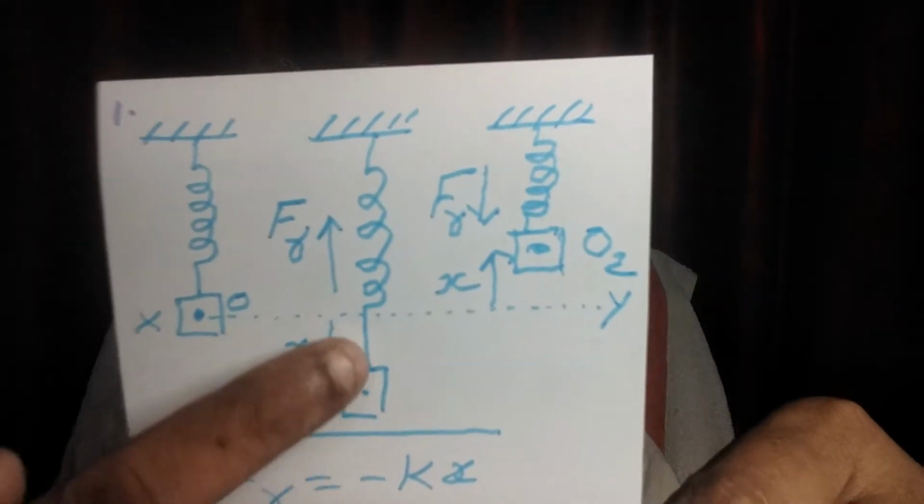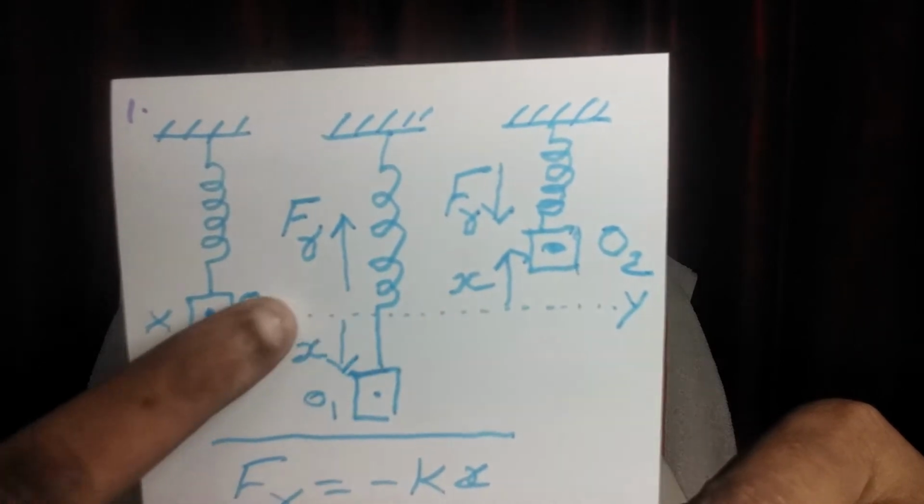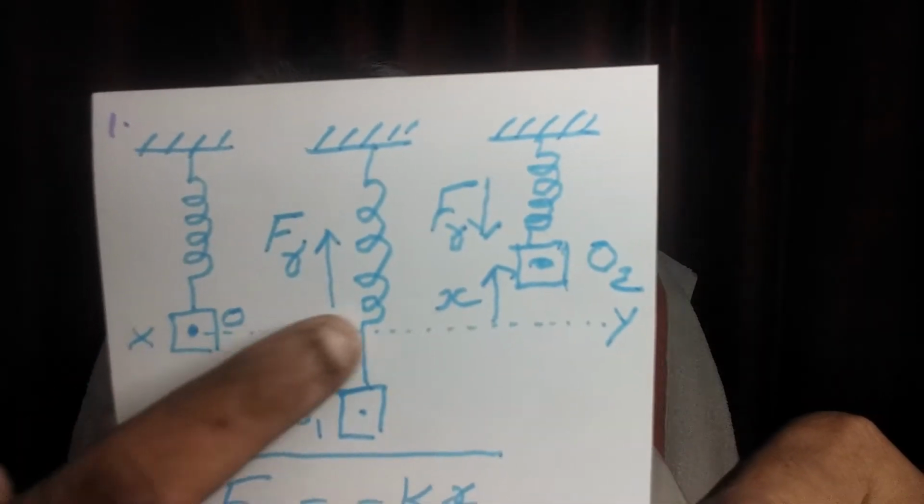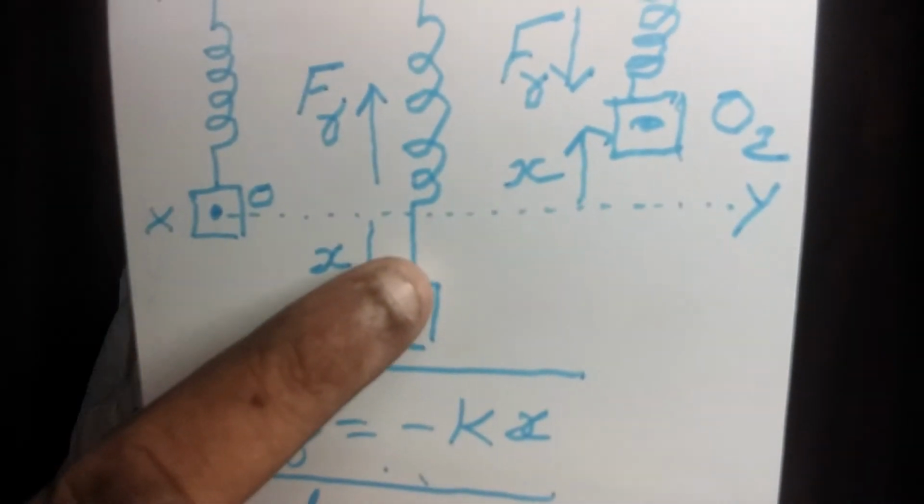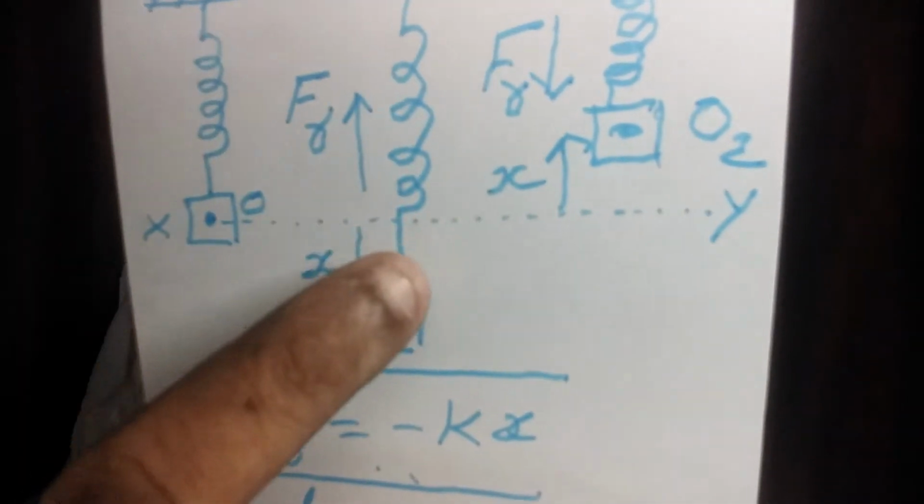It should stop at its previous resting position at this level. No, it won't stop there. It will go up further under its own inspiration. How does it happen?